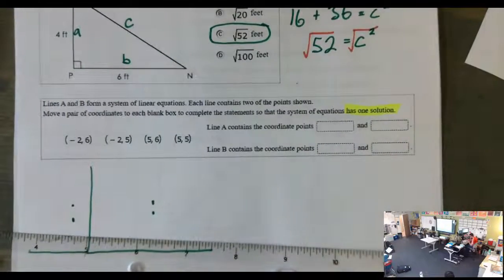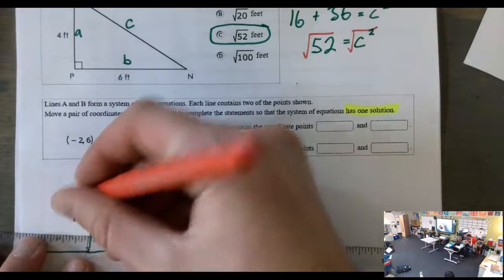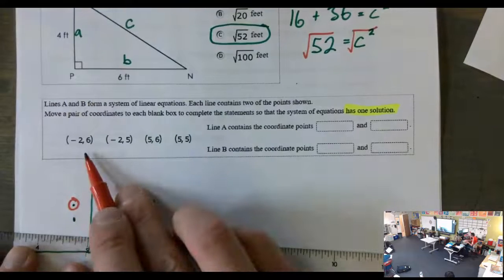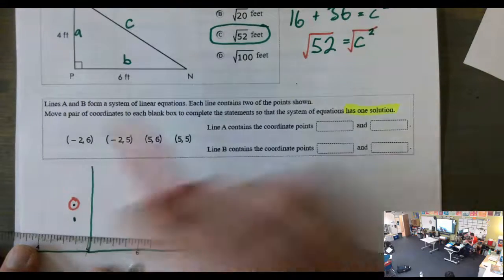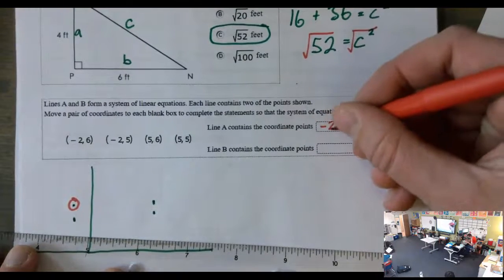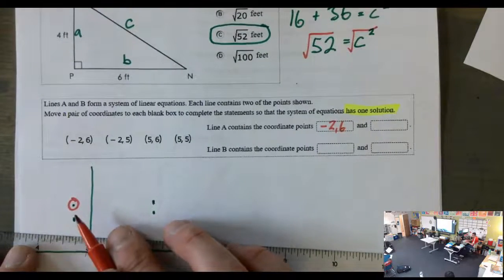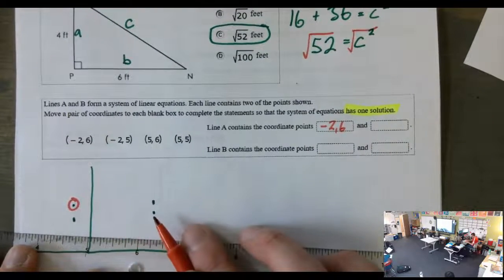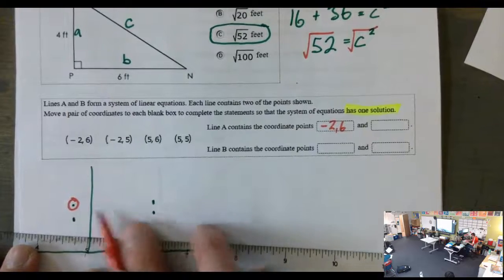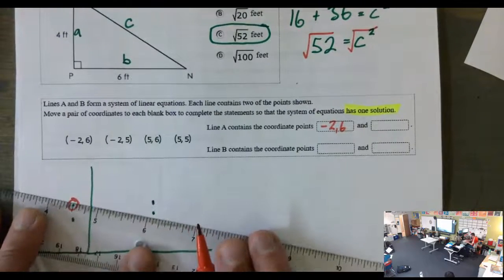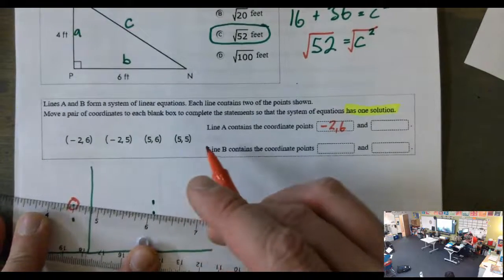So this point right here is our negative 2, 6. Right? So I'm going to put negative 2, 6. But then, because I need these to cross with each other, I can't go straight across. I need to make it diagonal. So I'm going to want to connect it down to this one.